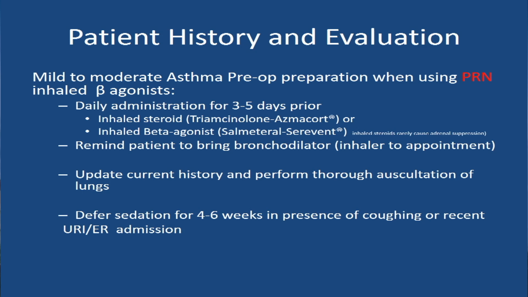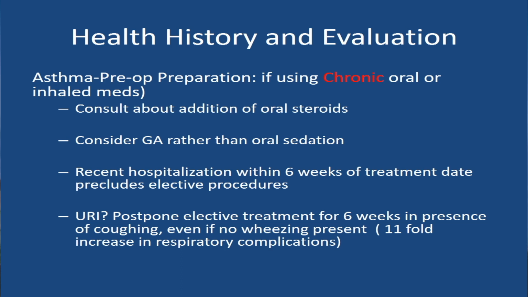When you do the auscultation for the lungs, you also listen to the heart. We'll be talking about the utilization of the stethoscope later, on how to appropriately hear the correct sounds. But it's important for you to know that auscultation of the lungs and the cardiovascular system is important before you do sedations with children. Defer the sedation for 4 to 6 weeks in the presence of coughing, a recent URI, or an ER admission. Asthma pre-op preparations.